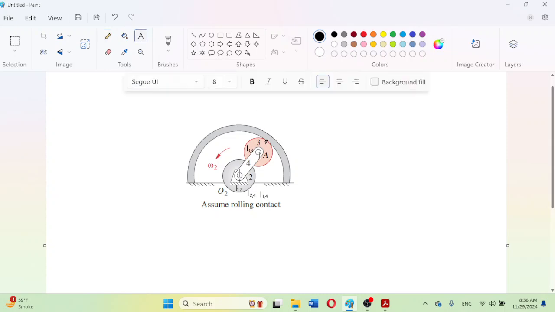So this instant center I can just type here that this is actually instant center I1 comma 3.